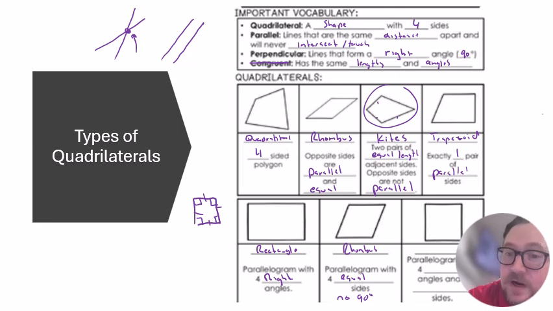And then we have our square, which is a parallelogram with four equal sides and four right angles. So if you know this about those 5 shapes, then you have everything you need to answer every question on that test.